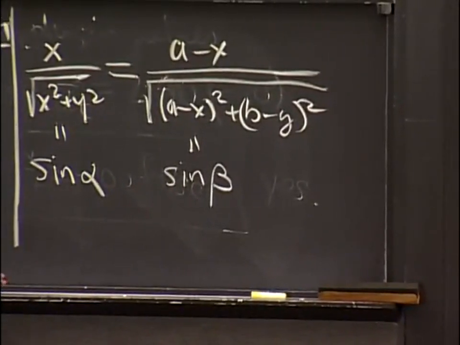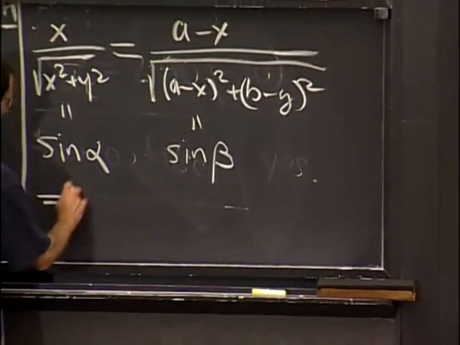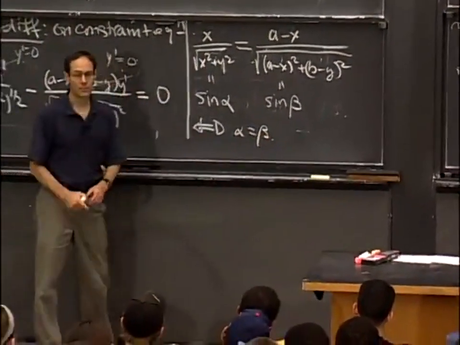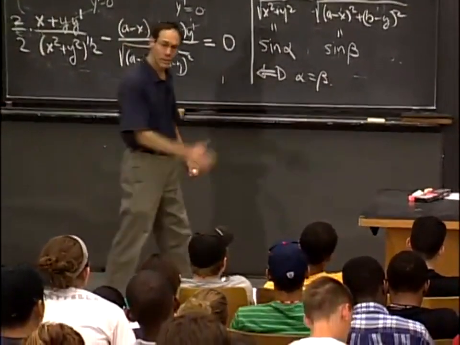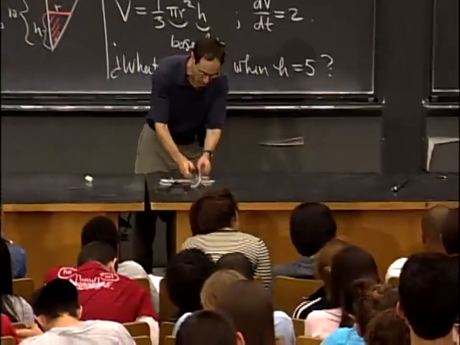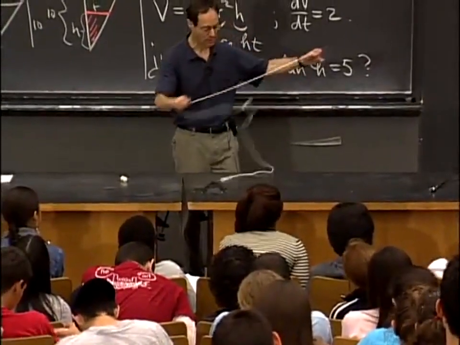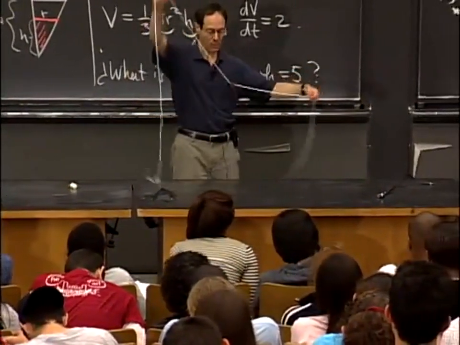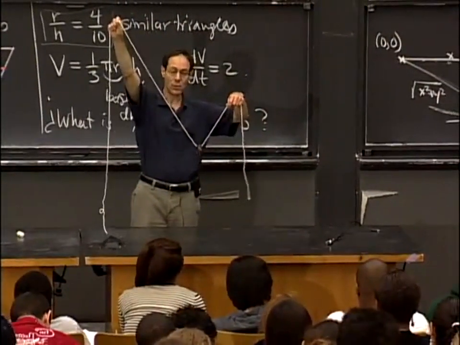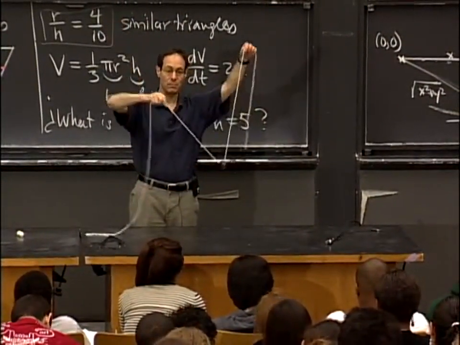And so what this condition is telling us is that alpha is equal to beta, which is the hidden symmetry in the problem. I don't know if you can actually see it when I show you this thing, but no matter how I tilt it, actually the two angles from the horizontal are the same.